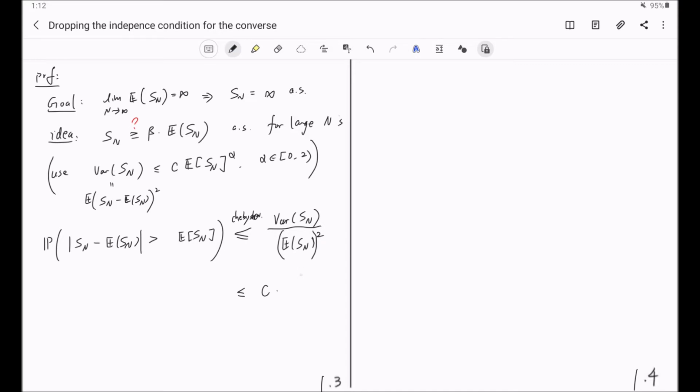And in the end, you will get 1 over E of Sn raised to power 2 minus alpha. You see, here's the place we are going to use that alpha is strictly less than 2, so that this guy, E of Sn, will go to infinity as capital N goes to infinity. So that this whole thing will be very small as n is very, very big.